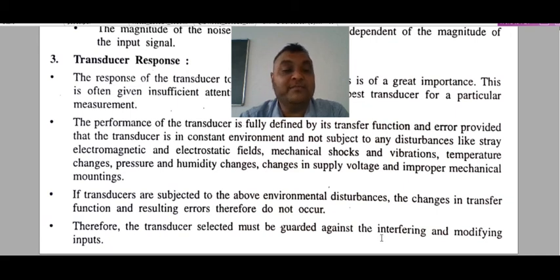Whenever you select a transducer, you must select according to your requirement and place it at a proper place where it is not affected by the environment or by mechanical shocks, so that you get a proper result and an accurate transducer response. Students, in today's lecture we will discuss up to this point, and the further part we will discuss in the next video lecture session.